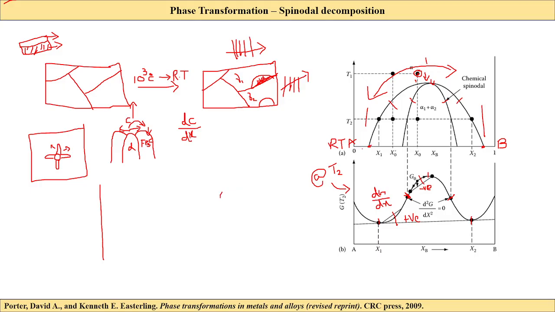So I have G as a function of composition. Now first, if I do the differentiation, or if I do the first derivative, I will obtain the slope, right?